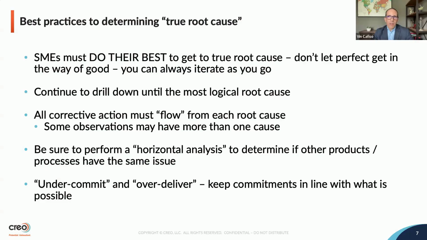So if an investigator identified a gap and issued you a 483 for, say, lack of line clearance or lack of a validated process for a particular product on a particular line in a particular building, then your responsibility as a response team is to look across all of the other production lines, all of the other physical locations, and different shifts of operation.